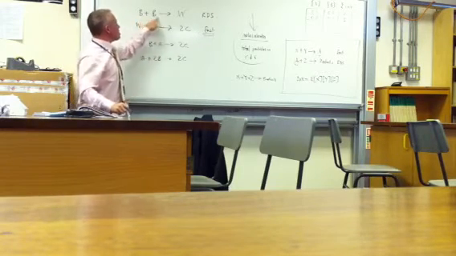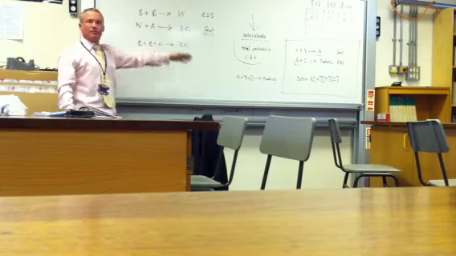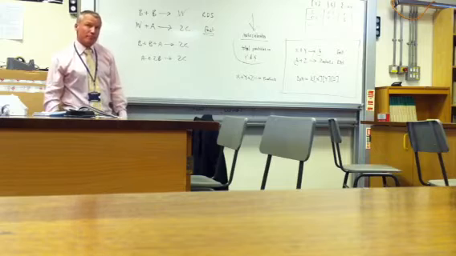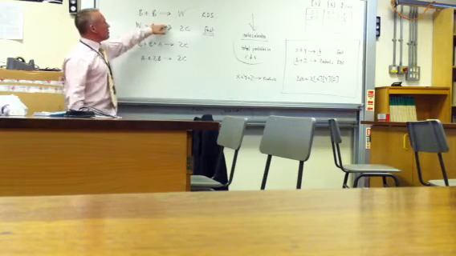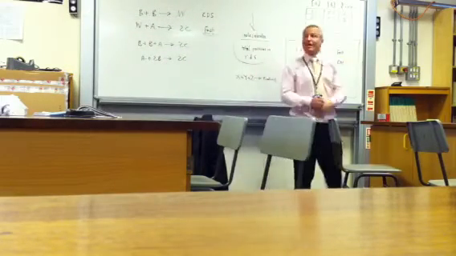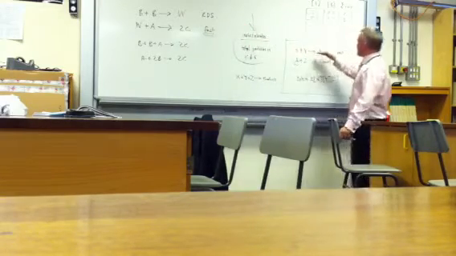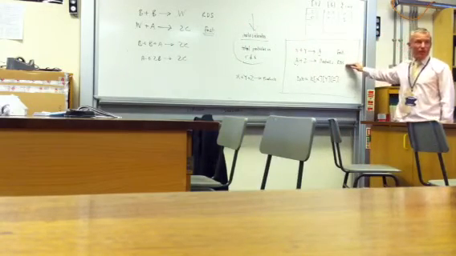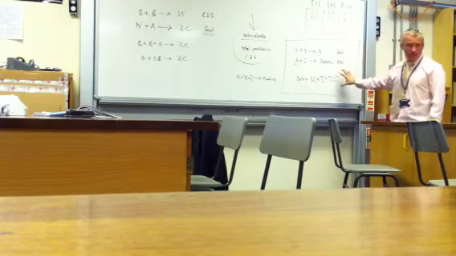That's only because of the rate, yeah. So the fundamental difference between this one and this one is that the rate determining step is first here, but here it is the second one, and that makes a big difference to the overall rate equations.